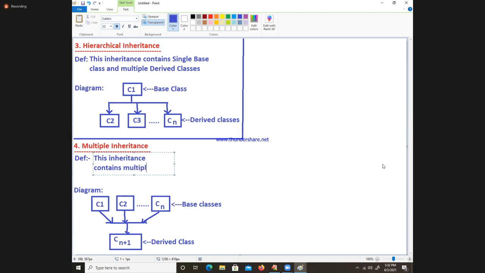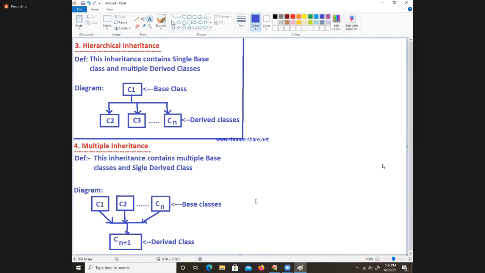Multiple base classes and a single derived class. Dear students, please follow me. Single derived class. So the diagram is also done.